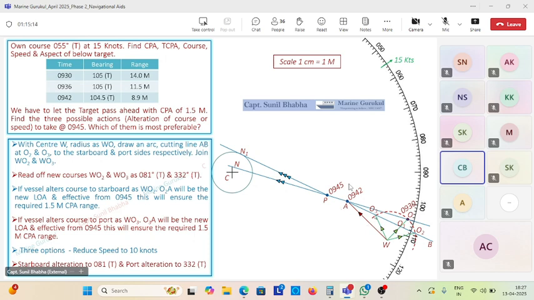You have to see the line of approach. The line of approach in case of port alteration is O3A. Okay, so in 12 minutes, the vessel is relatively going to move a distance equal to O3A. So you will have to remain off track for a very long period of time. So that will take you a long distance away from your intended track. So that also has to be taken care of.